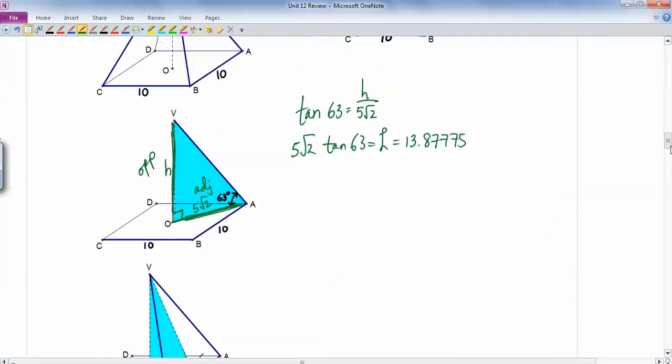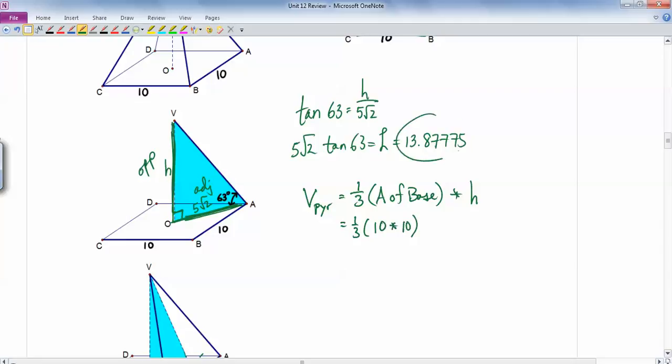Okay, so the next thing we need is volume. The formula for the volume of the pyramid, we learned, is 1/3 area of the base times the height of the pyramid. Area of the base is a square, so it's 10 times 10, times the height, which we just got, 13.87775.